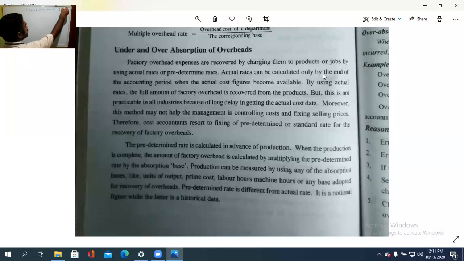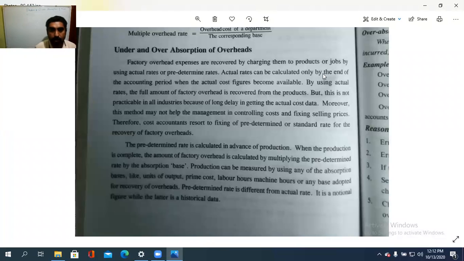of overheads. So factory overhead expenses are recovered by charging them to the products or jobs by using actual rates or predetermined rates. ഒന്നെങ്കിൽ യഥാർത്ഥ റേറ്റ് അല്ലെങ്കിൽ മുന്നേ കൂട്ടി തയ്യാറാക്കിയ റേറ്റ് വെച്ചാണ് ജോബ്സ് അല്ലെങ്കിൽ പ്രോഡക്ട്സിന് അലോക്കേറ്റ് ചെയ്ത് എക്സ്പെൻസസ് റിക്കവർ ചെയ്യുന്നത്.